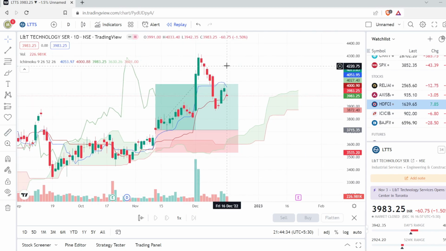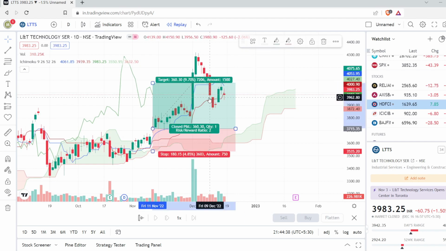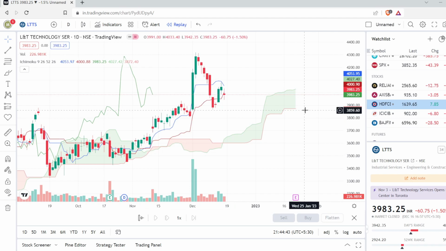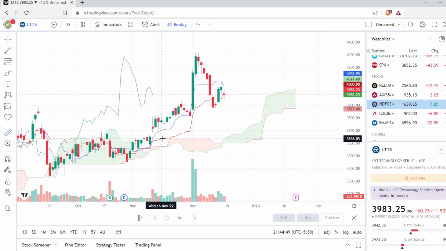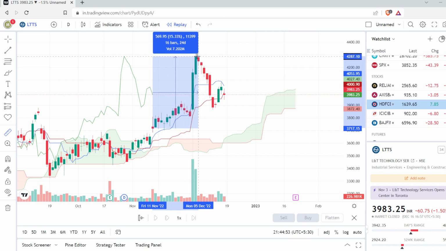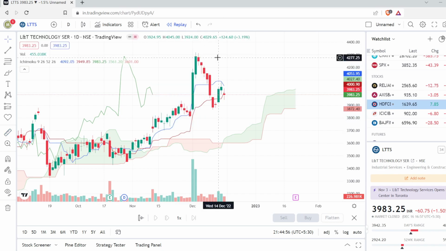So you could have made that extra 5%, but still, you should take a profit. You got a 10% profit here, which is extremely good. LTTS, and in very few days, I think it was 21 days, yeah, within a month. And this is an F&O stock.